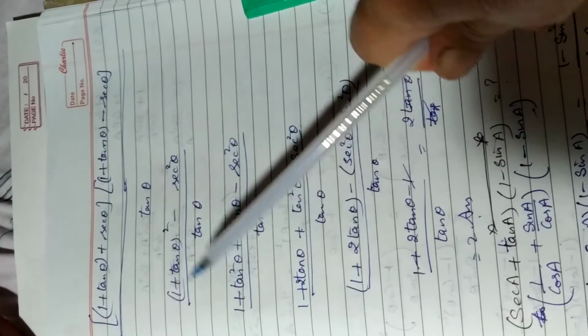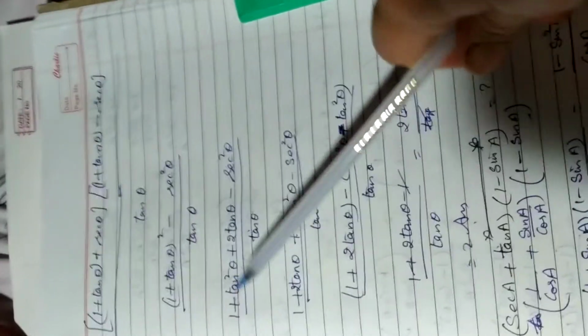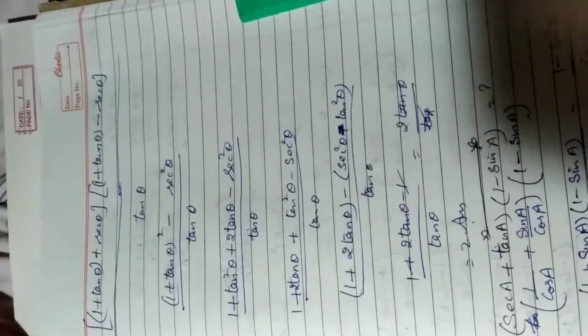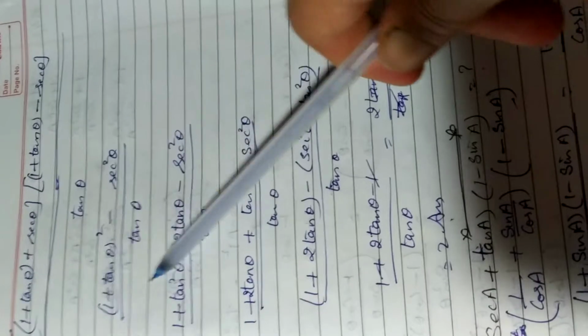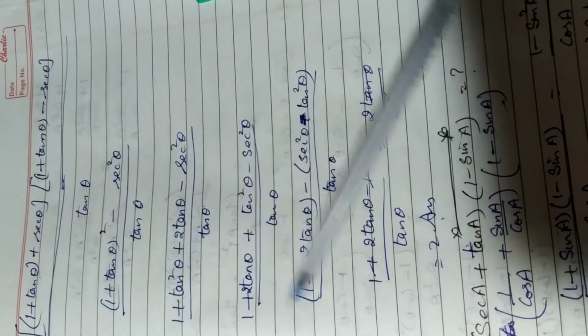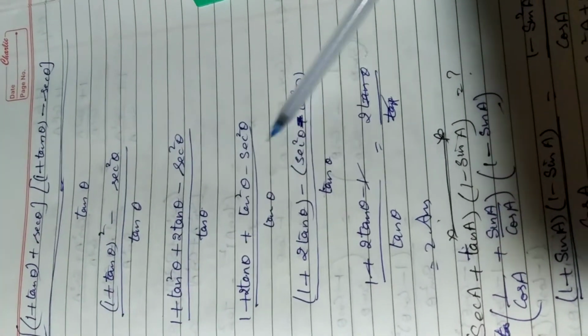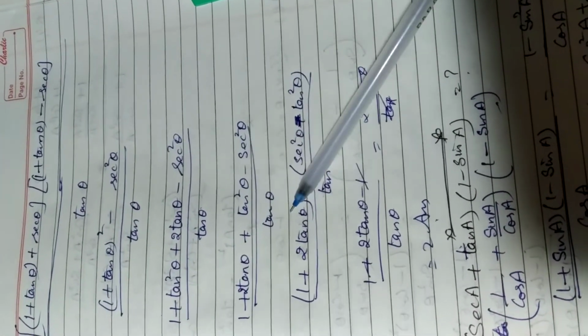A is 1, B is tan theta: 1 square is 1, tan theta square is tan square theta, plus 2AB, 2 into 1 into tan theta is 2 tan theta, minus secant square theta upon tan theta.